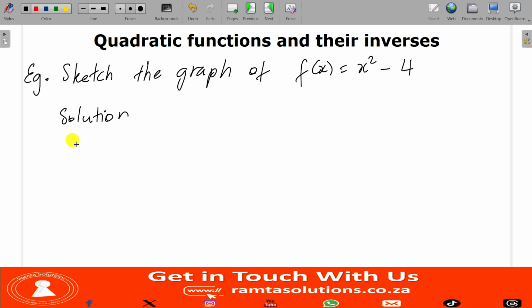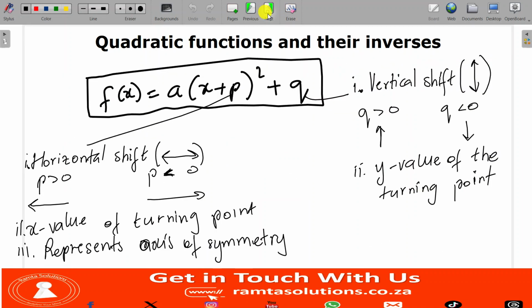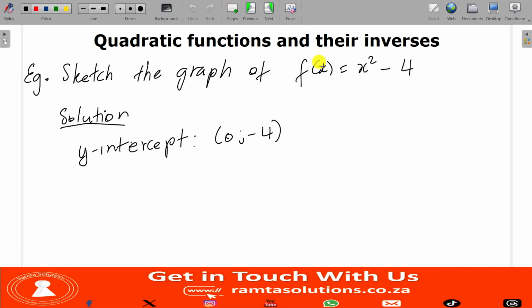So let's begin with the y-intercept. It's clear, this is a constant. The y-intercept will be 0 and negative 4. Remember I said it is 0 and c, right? As you can see, c is negative 4.